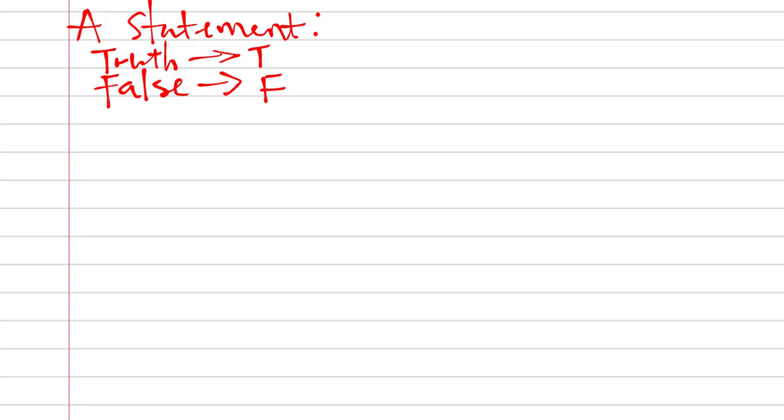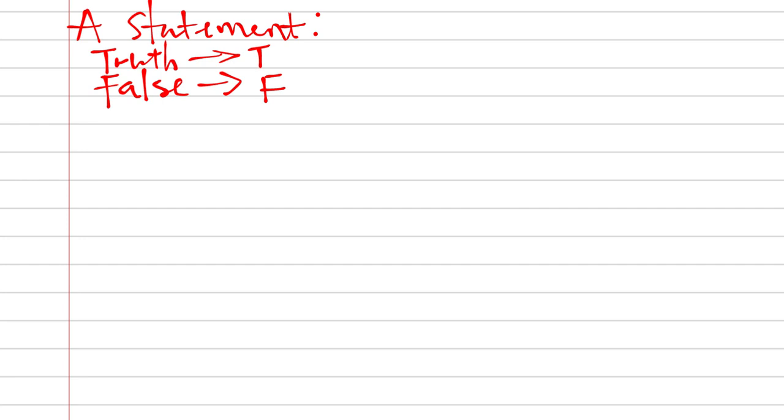So a statement is said to be true if it is true, and then the negation will be false. Don't worry, I'll still define negation. So if a statement is true, we represent it with T, and if it is false, we represent it with F. Are you seeing that now? Now, note this.